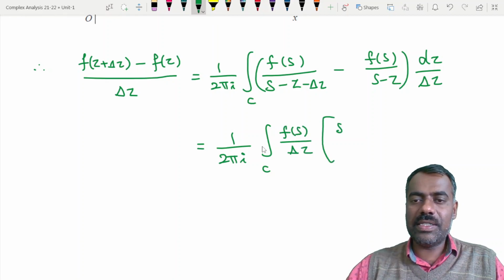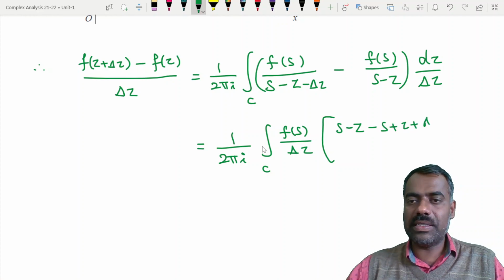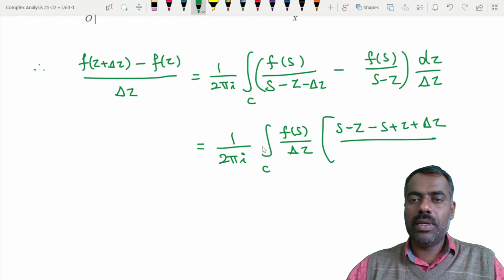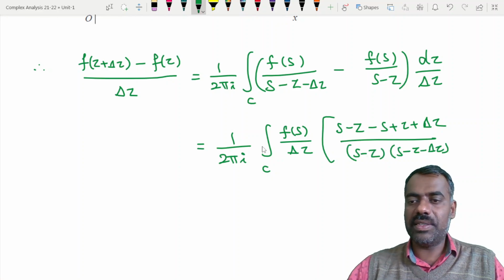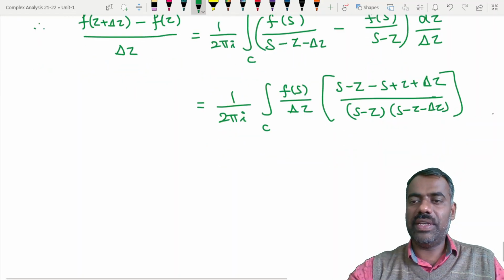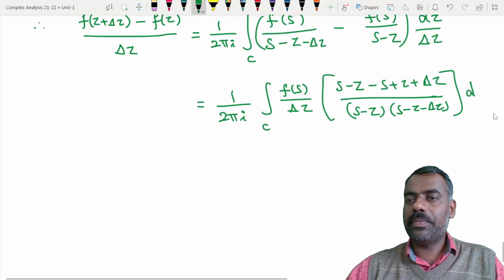Then what is this? It is basically (s minus z minus delta z) minus (s minus z) over (s minus z) into (s minus z minus delta z). What we did is we have taken the simple LCM. That's this.